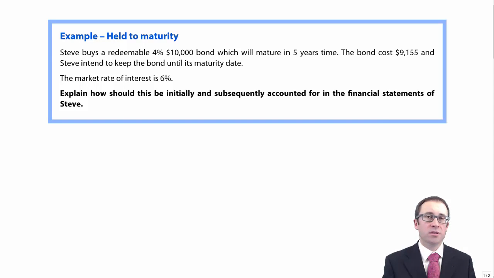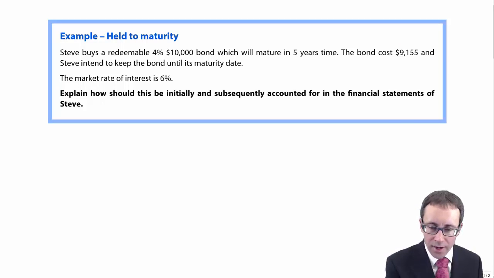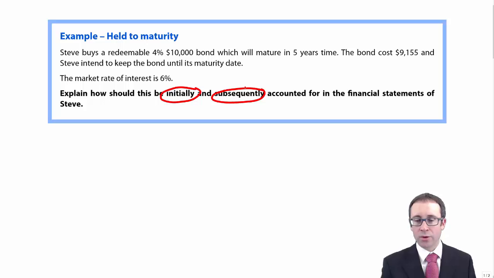Remember, held to maturity, or even loans and receivables, are valued initially at fair value plus transaction costs, and then this amortized cost methodology. So let's go through and explain what it's all about using the example. So here it wants us to explain how it is initially and subsequently accounted for in the financial statement of Steve.